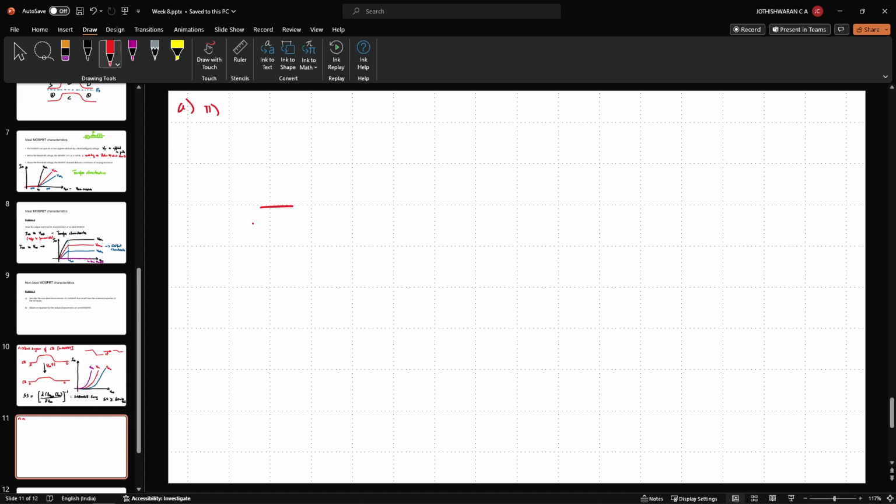So now I have the source. Again, we are only looking at the conduction band, because we are looking at an NMOS device where majority carriers are electrons. Okay, so we have the barrier that is formed because of the gate voltage.